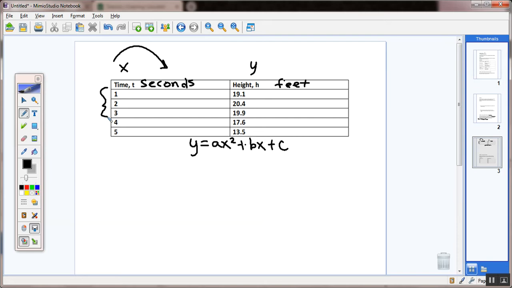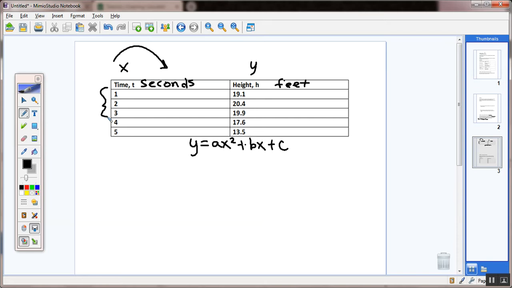So write this first equation, kids. What would you plug in for y right here in this first equation, given the point that after 1 second you're 19.1 feet in the air? What would you plug in for y given this first point, kids? 1 or 19.1?